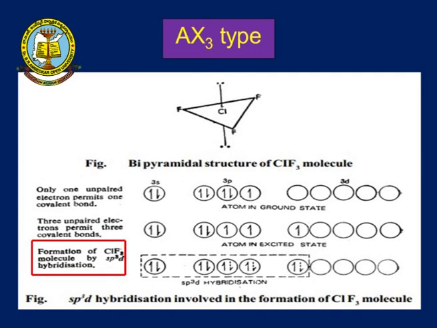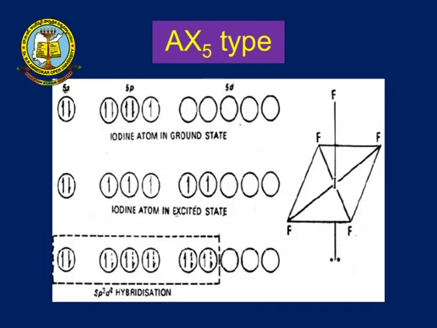So, now the sp3d molecules are formed here. So, the structural information about the AX3 type: the number of lone pairs is 2 and the number of sigma bonds is 3, and 2 plus 3 is 5. The 5 means the hybridization is sp3d and the geometry is this, right. The geometry is from sp3d. The next molecule is the AX5 type.